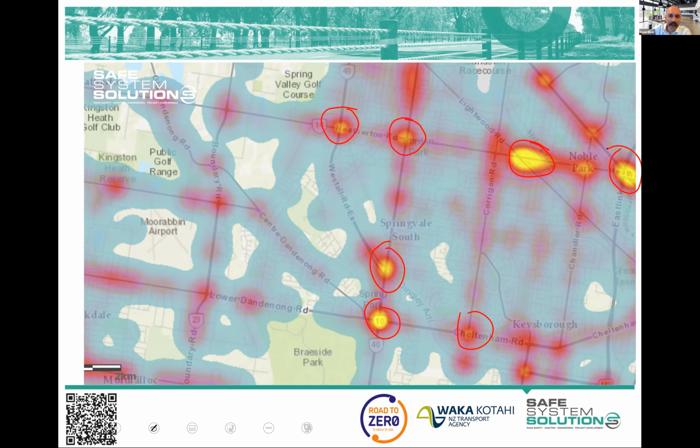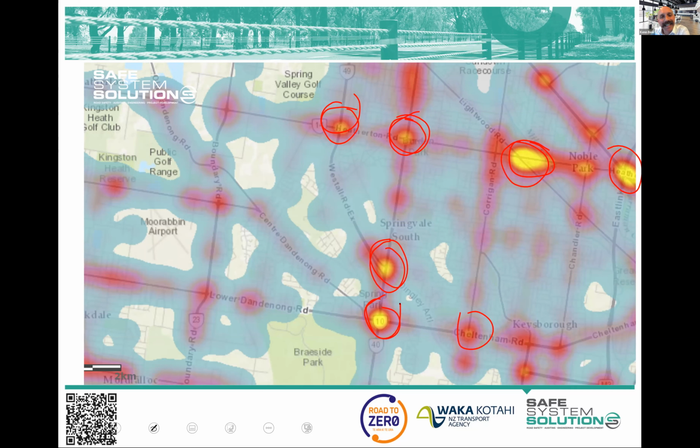But these intersections have pretty much got it all, because for the last 30, 40 years, they've been the source of death and serious injury. And yeah, we keep adding little bits and pieces to it to try to lessen the likelihood of crash.